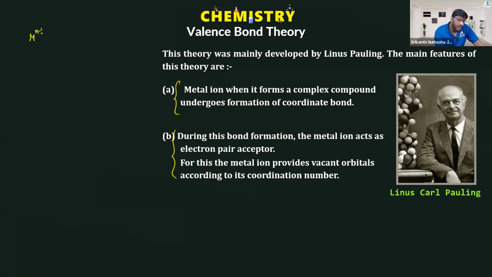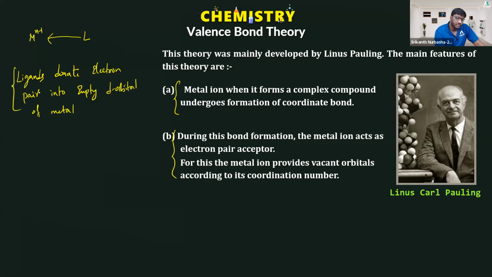We have a metal ion and we have a ligand. The ligands donate electron pair into the empty d orbitals of the metal.